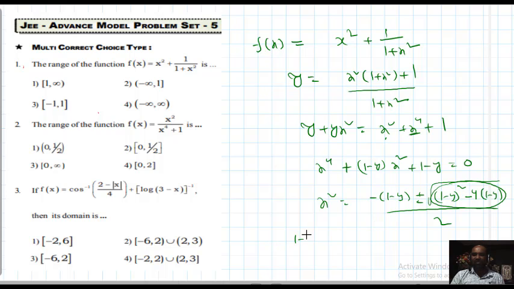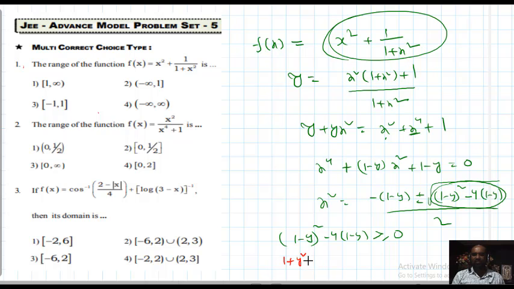I will write 1 minus y whole square minus 4 into 1 minus y should be greater than or equal to 0. Now I want to split this: 1 plus y square minus 2y minus 4 plus 4y greater than or equal to 0.